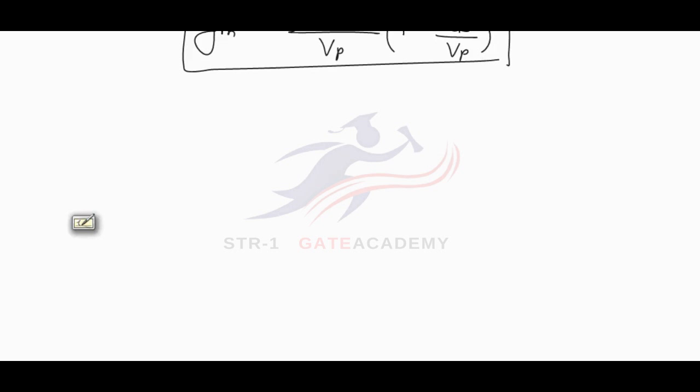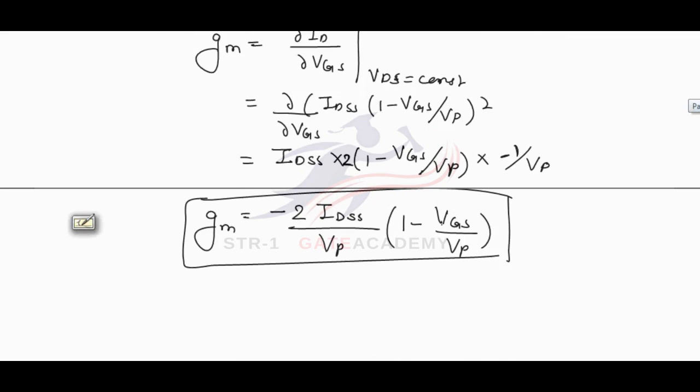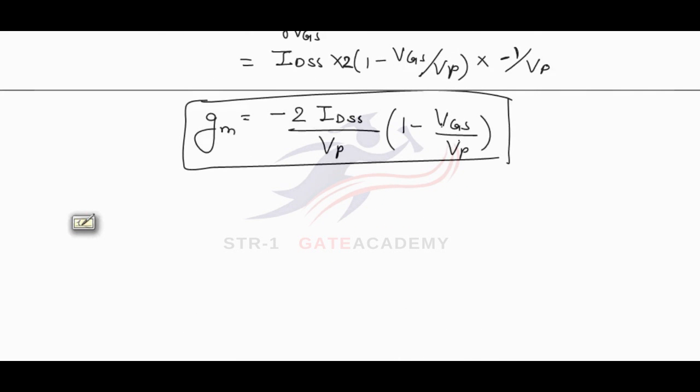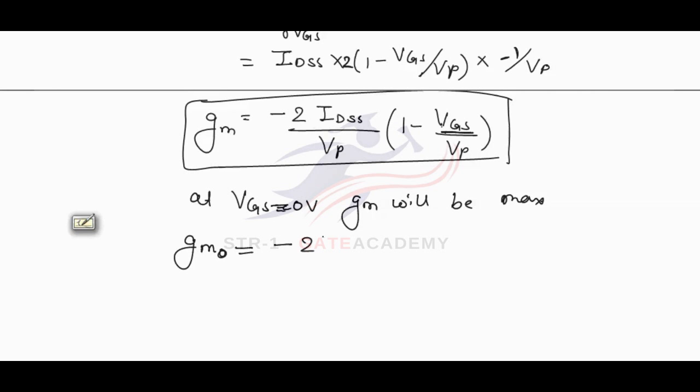Now, in this equation, if VGS is made 0, then the transconductance will be maximum. That is, at VGS equal to 0 volt, GM will be maximum, and maximum GM is given by GMO equal to minus 2 IDSS upon VP.